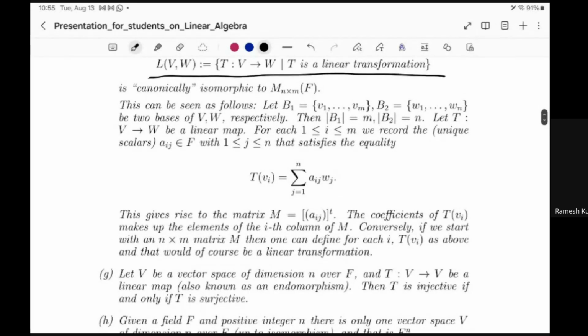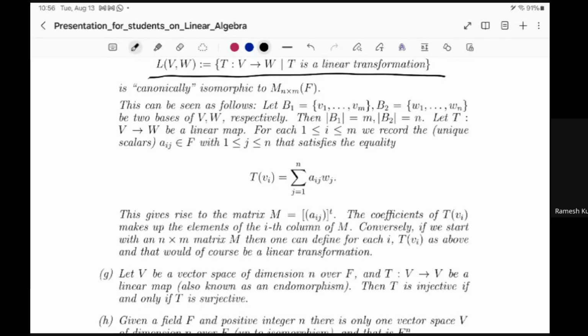Say you have some set B1, which is a basis of the vector space V, and B2, which is a basis of the vector space W. And you define a linear map T from V to W. Now, if you consider the images of the elements vi, so T(v1), T(v2), ..., T(vn), and so on, these T(vi)'s are going to land in W. And since these T(vi)'s are in W, we should be able to write them as a linear combination of elements of B2, because B2 is a basis, and hence, in particular, it is a spanning set.